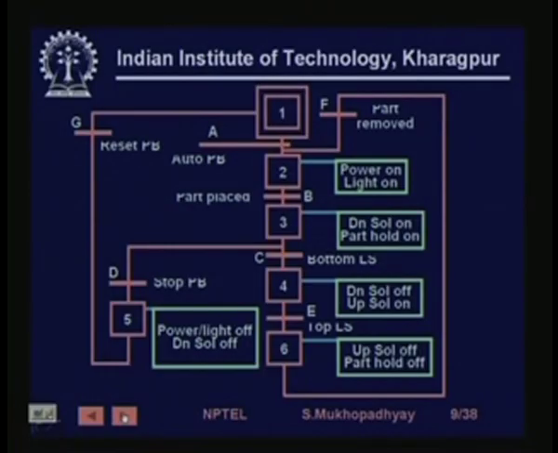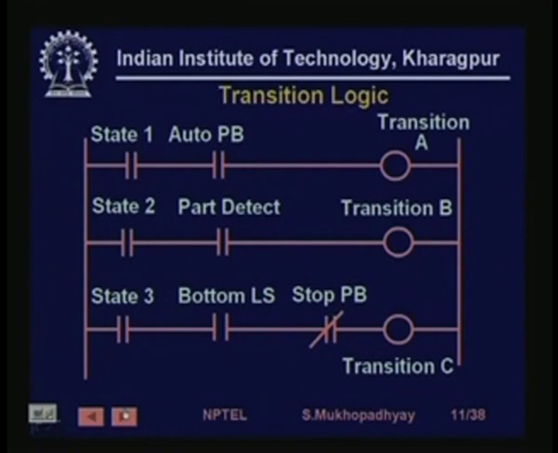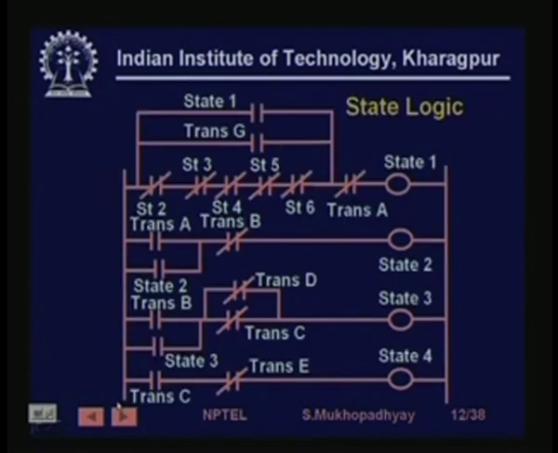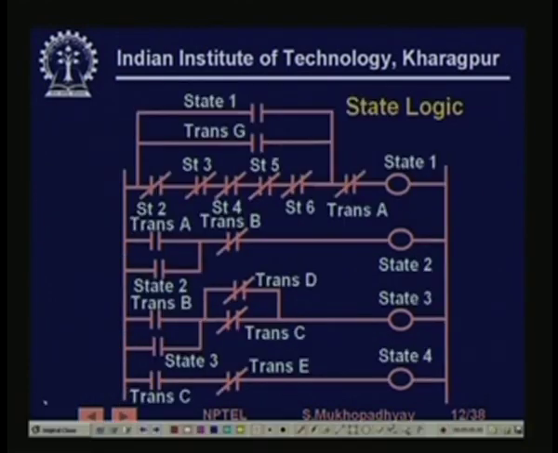When the part is placed and that part placed signal comes, transition B will be on, and these are not yet enabled, so state 3 will be on. On the other hand, while state 3 is on, if either transition C or transition D occurs, transition D is due to the stop push button being pressed and transition C is due to the bottom limit switch being made.